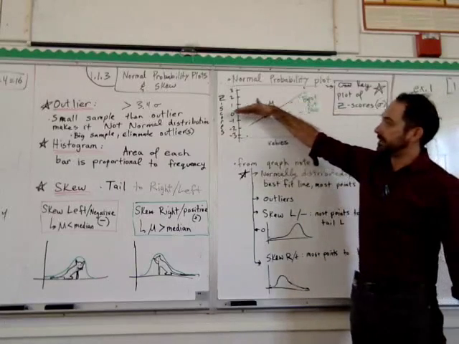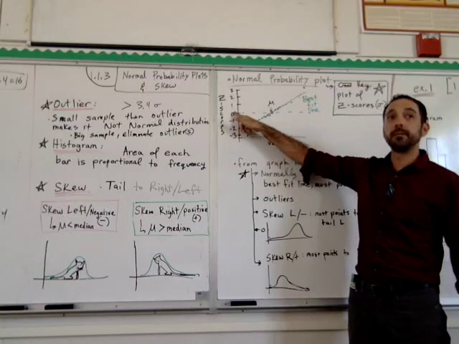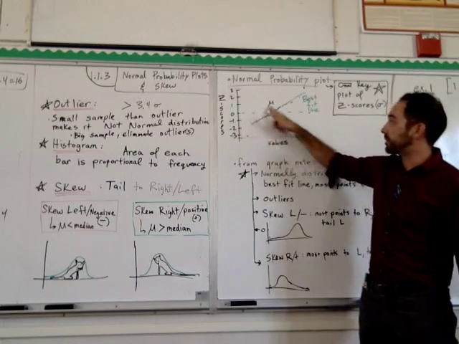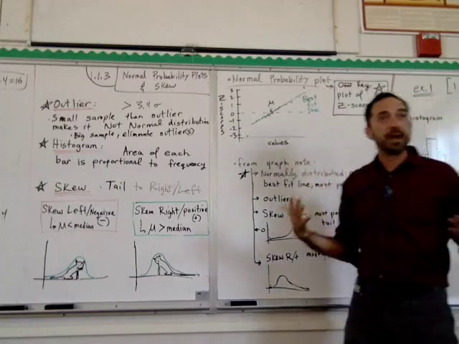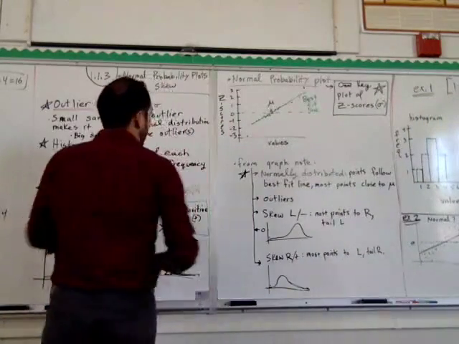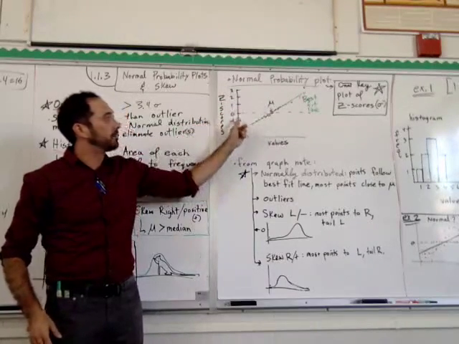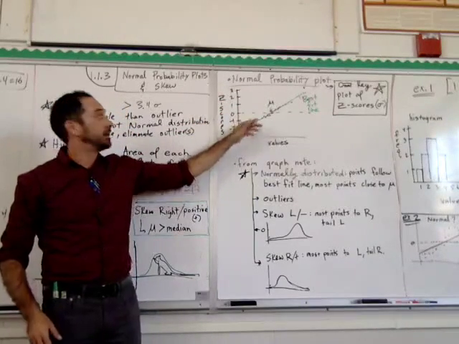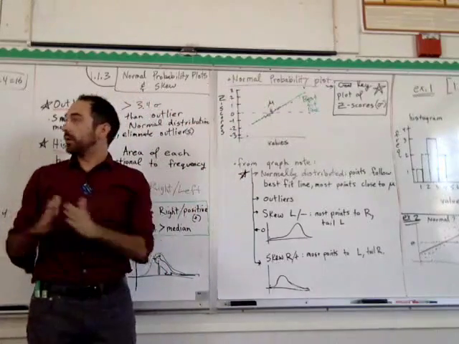This dotted line in the middle that I made is 0 standard deviations from the mean. So where these points cross this dotted line, that's where the mean value is located. The values down here are -1 standard deviation from the mean. The values up here are +1 away from the mean.